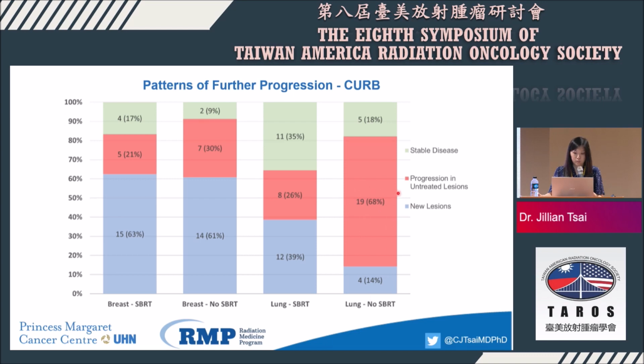The previously green ones were stable. So this is actually consistent with the previous result by the NRG-BR002, indicating that the breast cancer patients may not have the true oligo phenomenon. They may be more systemic because they were growing new disease at each follow-up. So maybe we just didn't detect their disease at all when they were enrolled in the study.